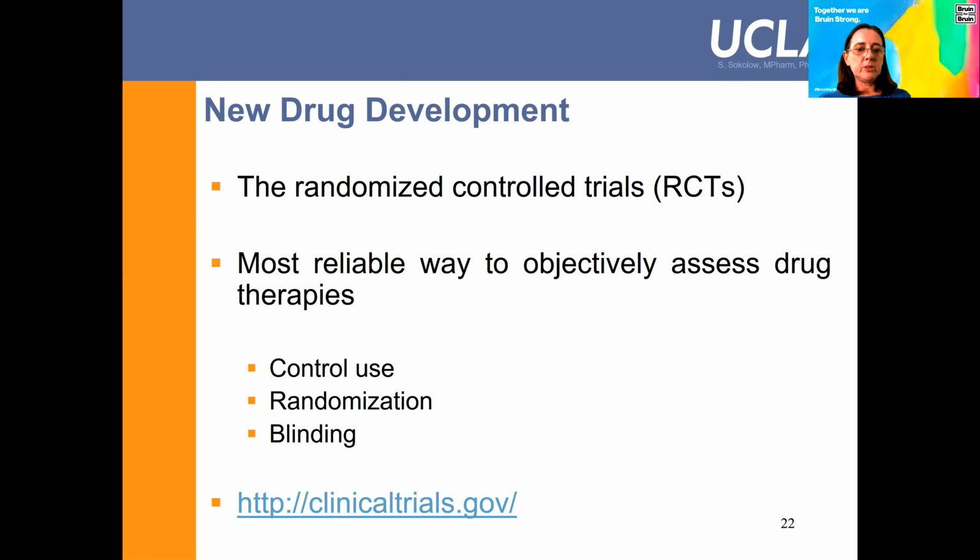Because in a randomized controlled trial, as I said, you would have a group of subjects who receive the drug, and a group of subjects who receive the placebo. And when you say double blind, it means the subject doesn't know in which group they are, and the investigator doesn't know which group or which drug they are giving.